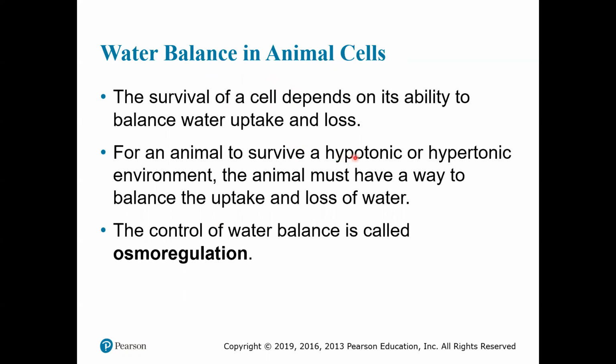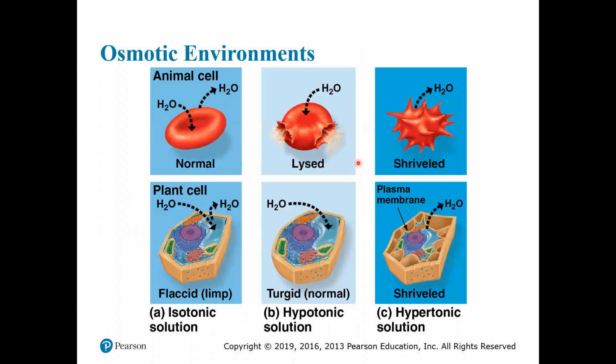So if an animal is in a hypotonic solution, it needs to be able to lose water because it will be taking up water. So if it's in a solution that has less salts than what's in the cell, then the cell will take up water. If it's in a solution that has more salts than the cell, it will lose water. And so the cells have to be able to balance that in order to maintain a constant cell volume. And we see figures here that are showing those examples.